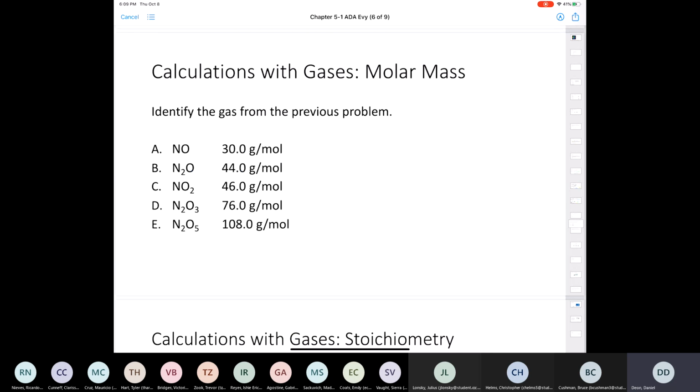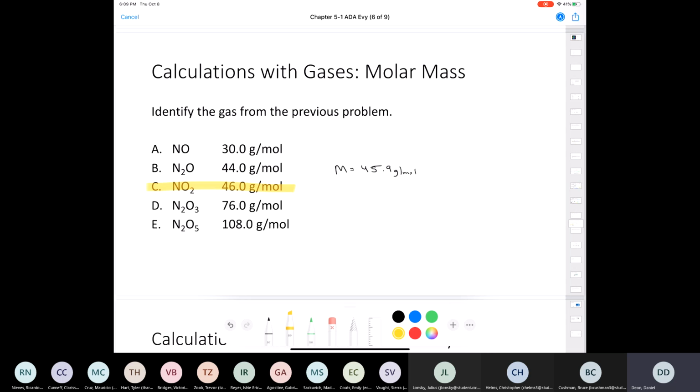Identify the gas from the previous problem. Well, we calculated a molar mass of 45.9 grams per mole, which is definitely closest to nitrogen dioxide, 46 grams per mole. Very close.